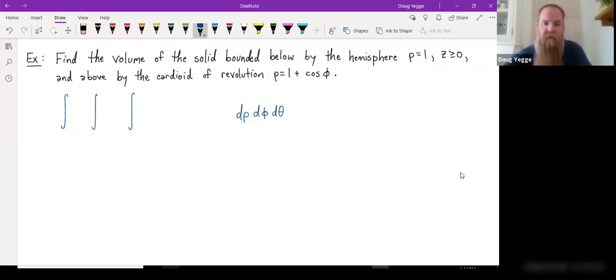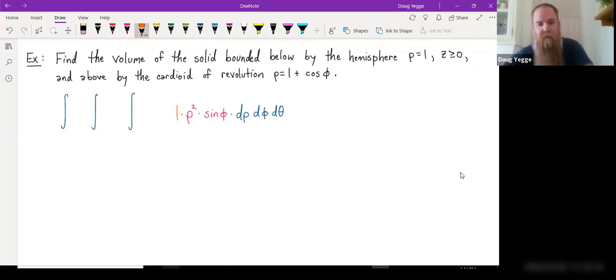So in this case, we'll just go rho, then phi, then theta. Now keep in mind that if I'm going to find a volume, we also need to make sure that we have the appropriate Jacobian, which is rho squared sine phi, just automatically. And since we're just integrating to find a volume, then the function f of rho, phi, theta is really just 1.